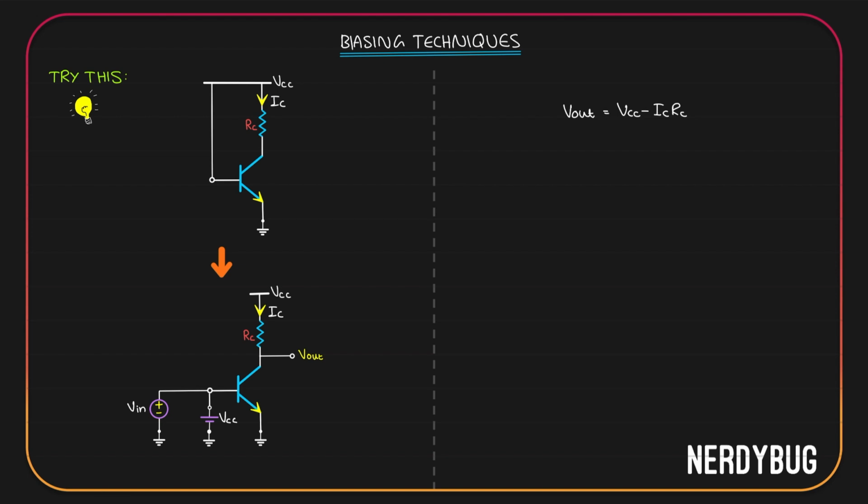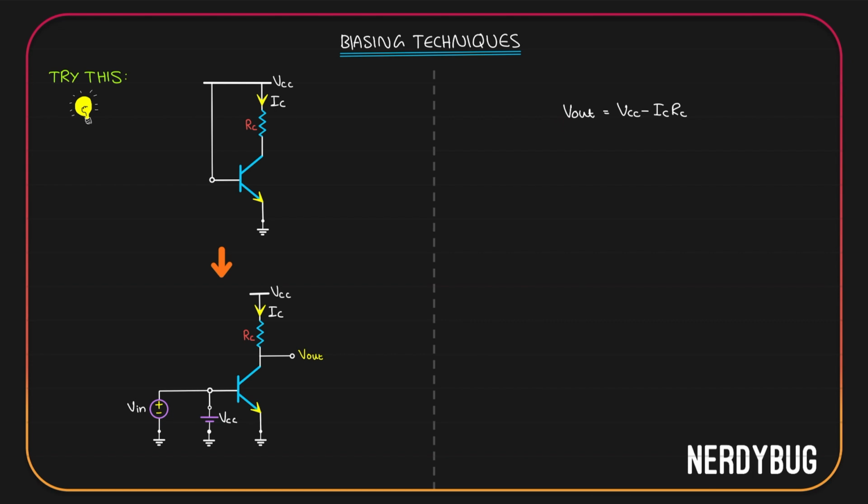If the base emitter voltage is constantly going to be VCC, IC is also going to be a constant value. V input will not be able to influence IC. That means VCC is a constant, RC is a constant. Not only that, IC is also a constant, which technically means V output is also going to be just a constant.